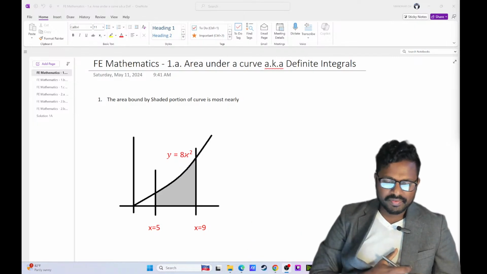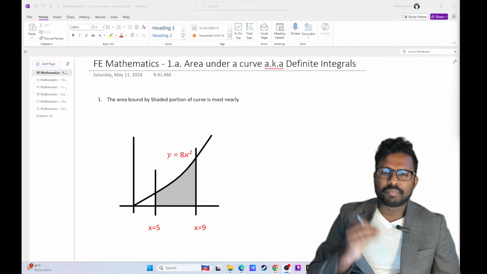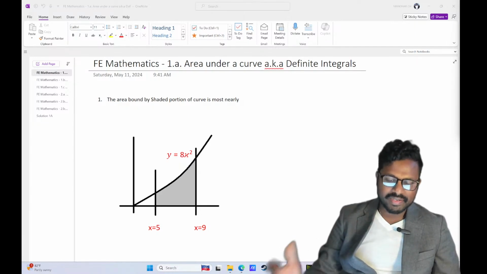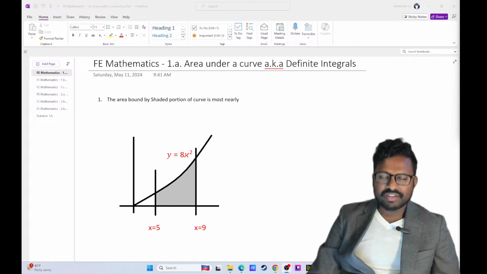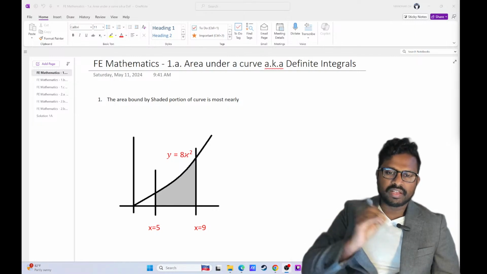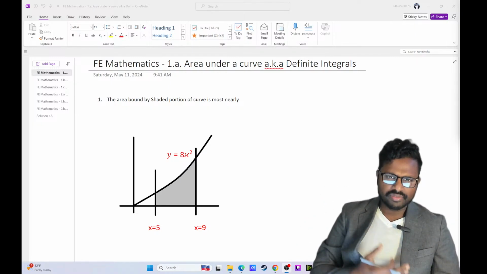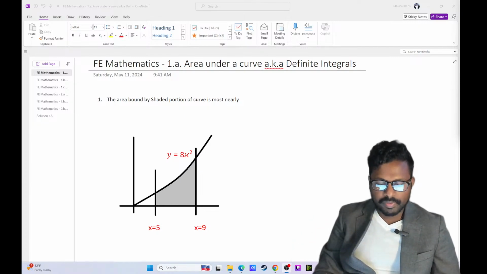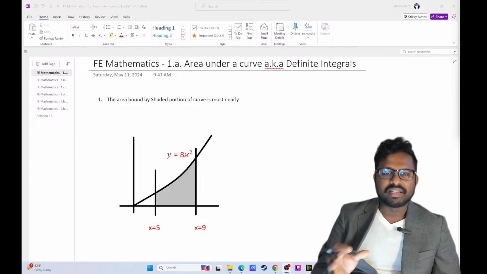Let me try one more time. So today we are going to solve one of the simplest and most important problems in FE mathematics, the area under curve problem. The area under curve problem is simply the area between a curve and the x-axis within the limits, lower limit x is equal to 5 and upper limit x is equal to 9. It is also given in the problem that the equation of the curve is y is equal to 8x square.